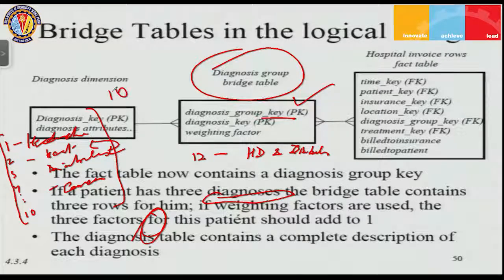In the bridge table I can either store all possible combinations proactively, or as a new combination emerges, I keep on storing it in the diagnosis group bridge table. So this is how I model it. You can see that the problem is the same multi-valued dimension as in the case of bank accounts, and here in the case of diagnosis this is coming from the healthcare sector. So the position of the bridge table is different and nothing else changes.